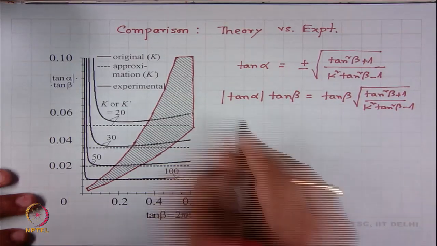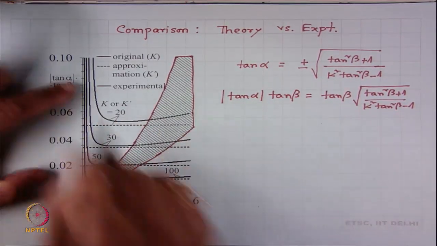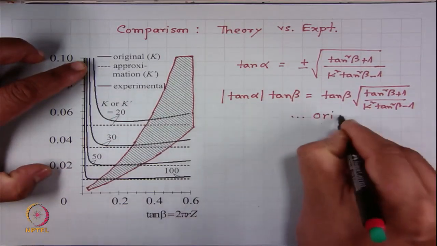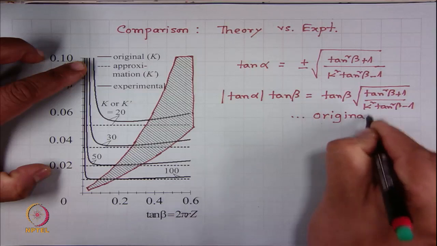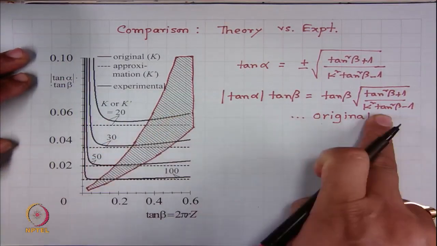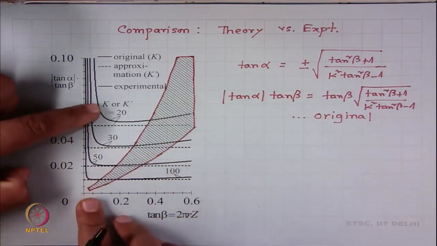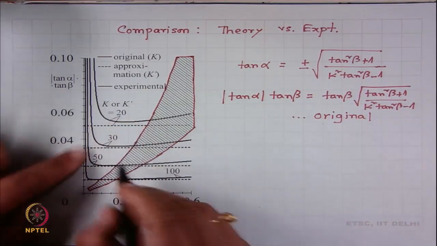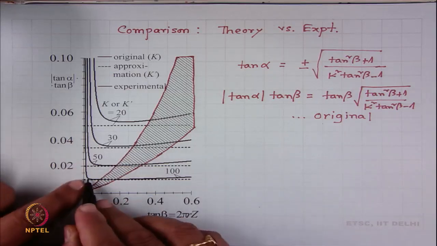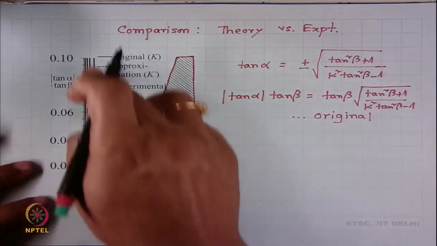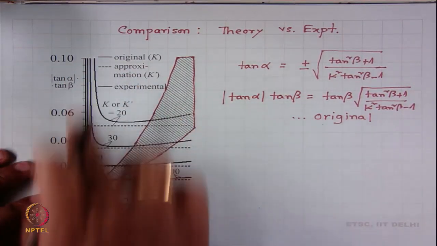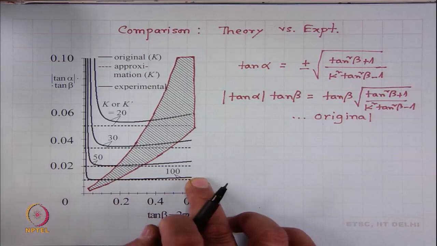So, the thick line denotes this original expression. For different values of k: k equal to 20 this curve, k equal to 30 this curve, k equal to 50 this curve, and k equal to 100 this curve. So, it is decreasing then increasing, decreasing then slowly increasing. This is the original.